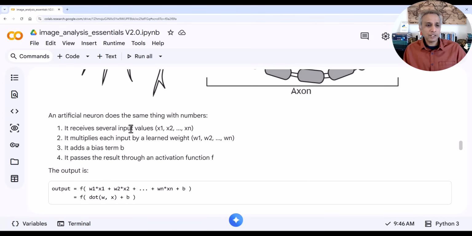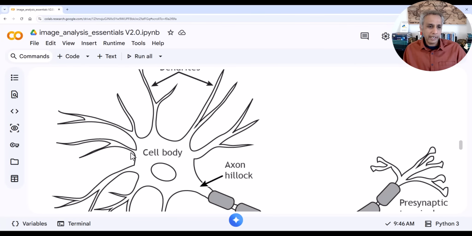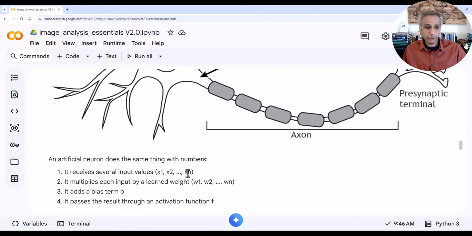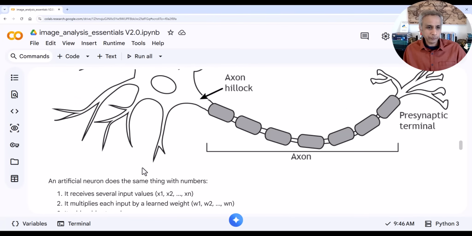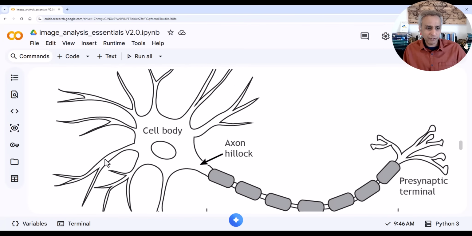It receives several input values, x1, x2, x3, x4, x5. Each of these is bringing in some input. And each of this information has some weight to it. Maybe the information coming from this is not highly weighted, and information coming from this other dendrite has more weight to it.